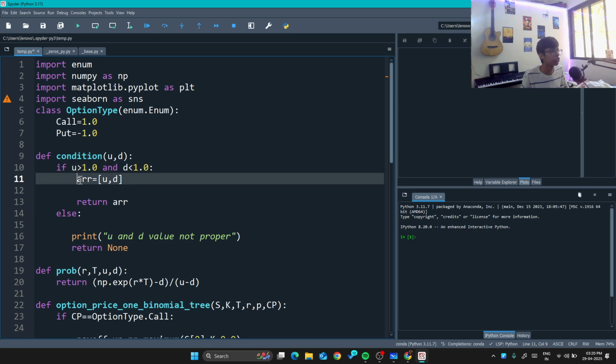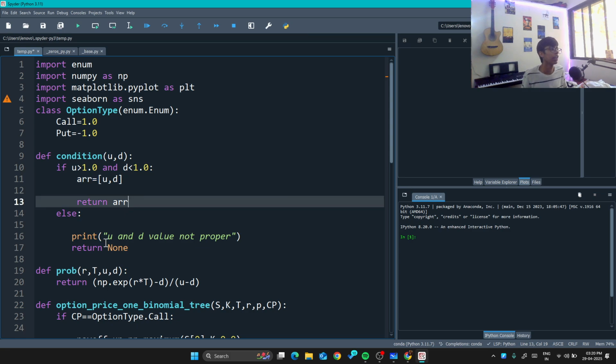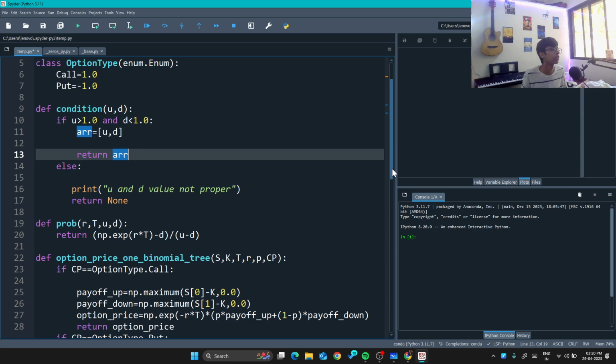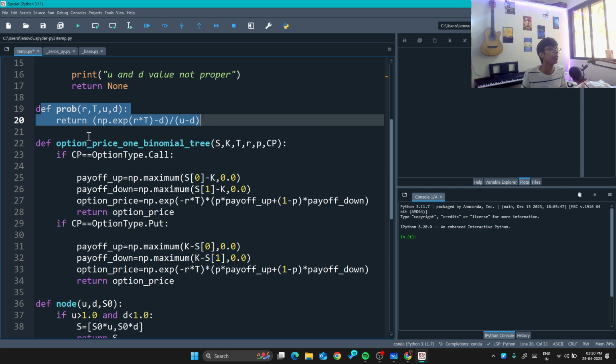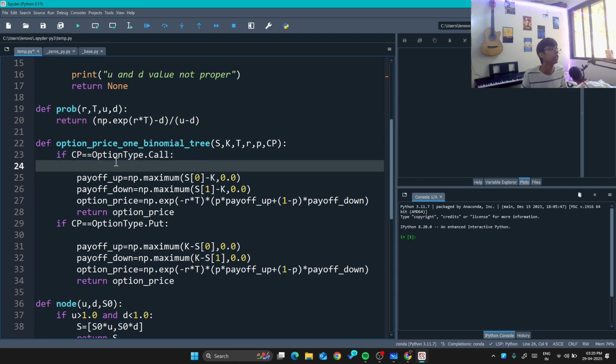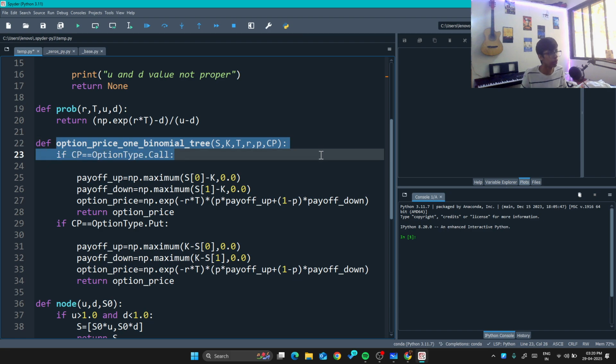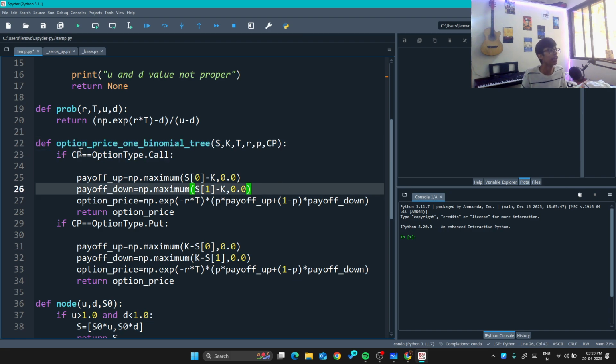Then I store it in an array, and then I return it. And here I found the probability using the formula.